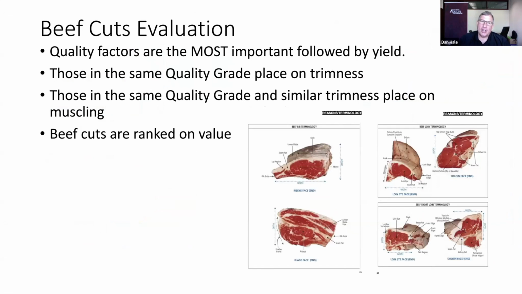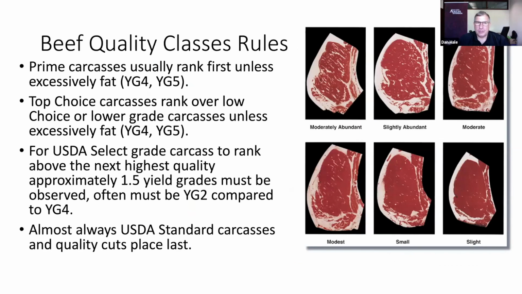All right, so let's talk about cuts as a whole, these quality cuts, quality factors, same thing. You're going to see the same things written here for these cut classes, just like we did the carcasses. Same rules, where prime is king, top choice is next, and select and low choice is kind of the average, what we look at as the par. Select is only if they're yield grade 5 or higher, yield grade 2 versus 4.